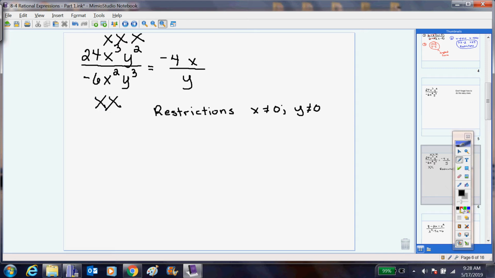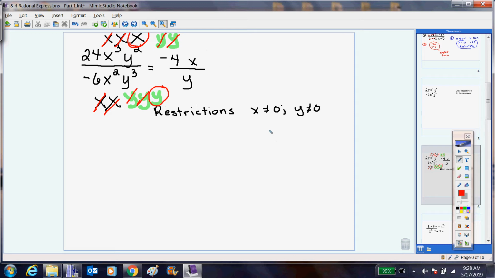We would probably never write this out again, but one will cancel and another one will cancel, and we're left with 1 at the top. Just for those that don't remember what was happening on here. And up here we had 2 y's at the top and 3 y's at the bottom. So when you think about it, this one will go, this one will go, and you're left with 1 left over at the denominator.